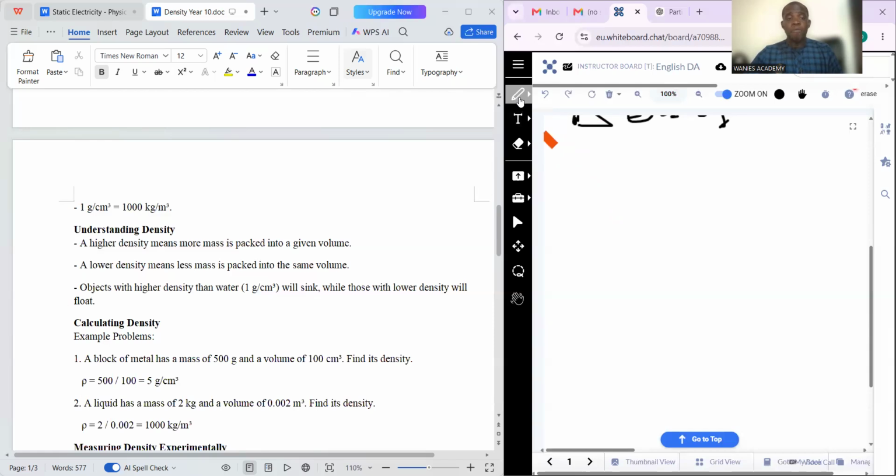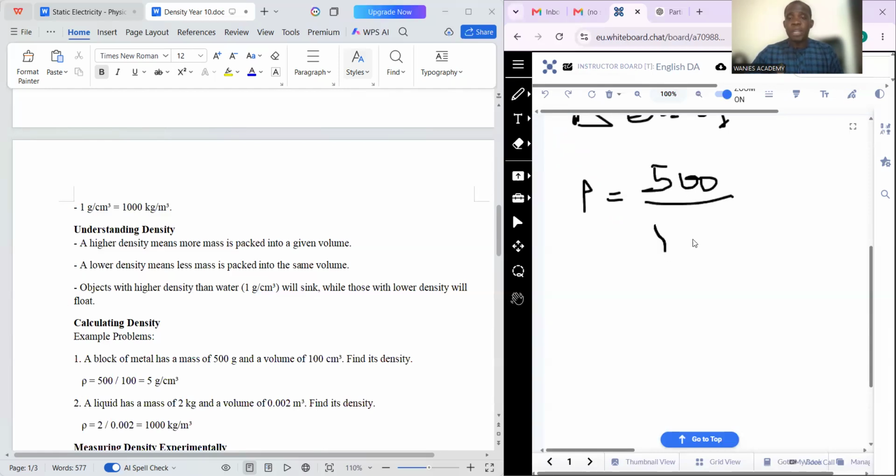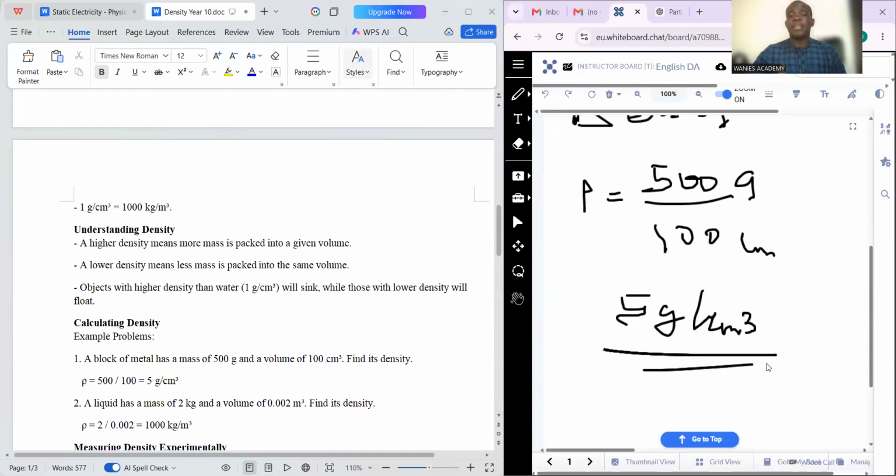So density is 500 divided by 100. Using these smaller units, grams and centimeter cube, the answer is 5 grams per centimeter cube. This is the density of this object.